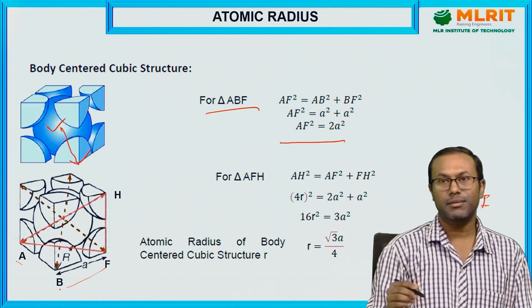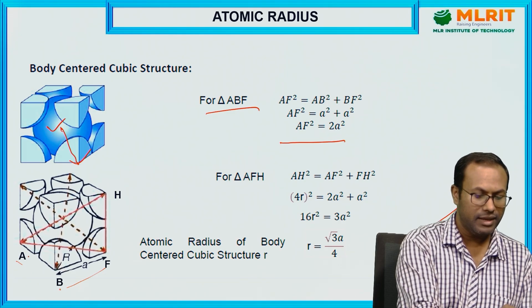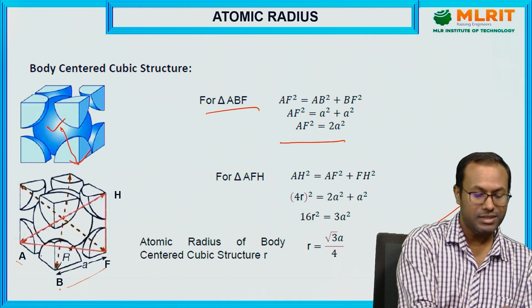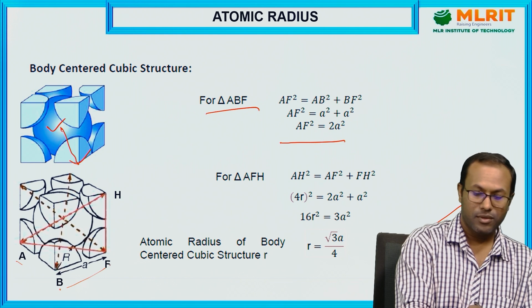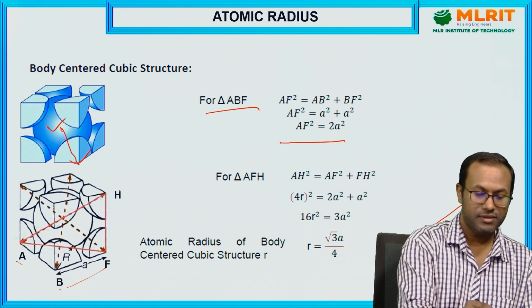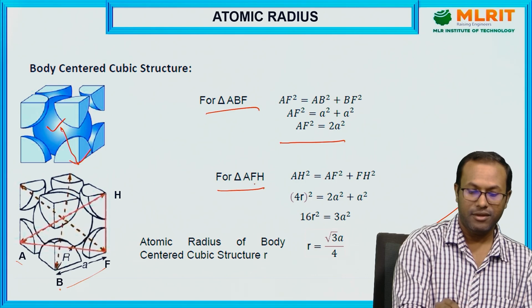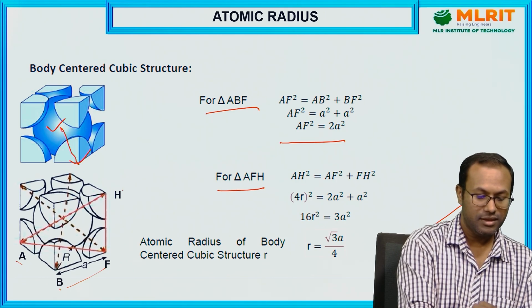So how can we determine that distance? We take another triangle, A, F and H. We already got AF square equals 2a square, and FH is a, so FH square is a square. From triangle AFH, we know that AH square equals AF square plus FH square.